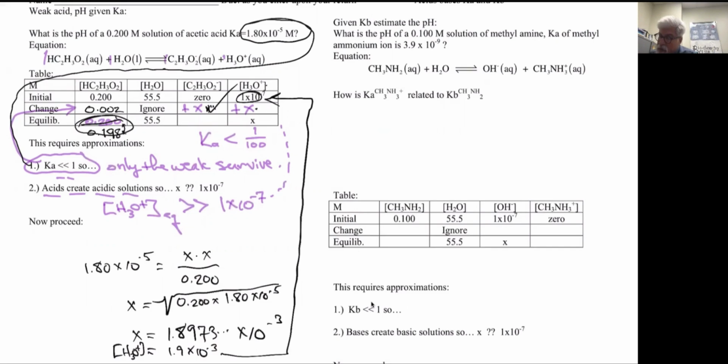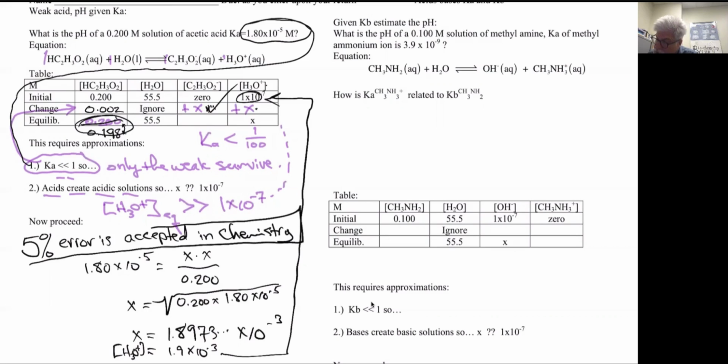But I'd like to introduce you to the rule of 5%. A 5% error represents an incredibly successful experiment, and in our case, an incredibly successful problem solved.